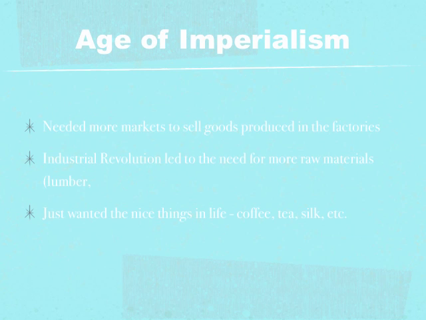They also need to keep finding resources to be able to create the stuff that they're making, and also to find the products that they enjoy having at home, even things like coffee and tea and silk that they aren't able to produce in their own countries. So there's a big economic reason for imperialism. It helps countries make money and keep their economies strong.